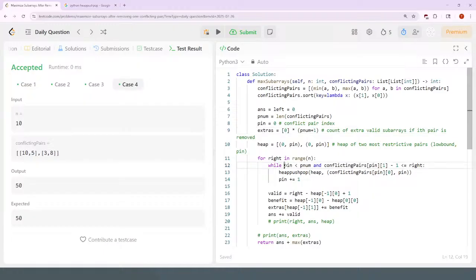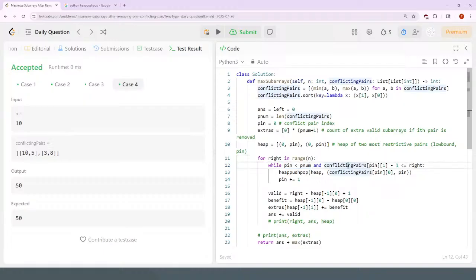Okay, so what I can do to make sure that I don't have to do this condition is create a dummy conflicting pairs. Yeah, I don't know if I feel like doing that.